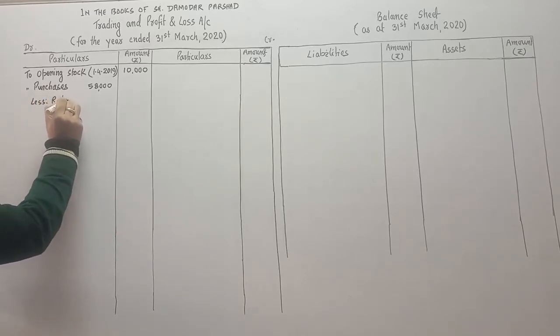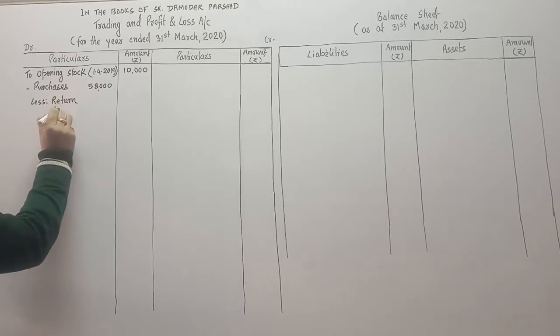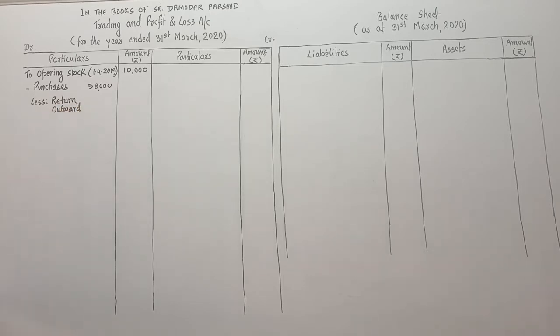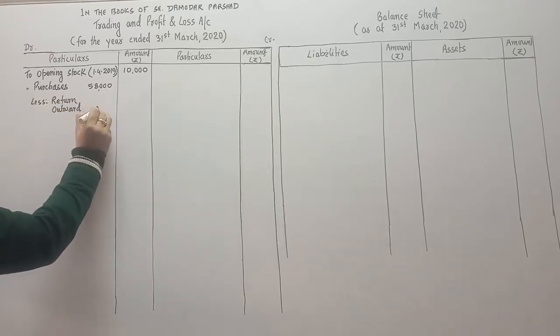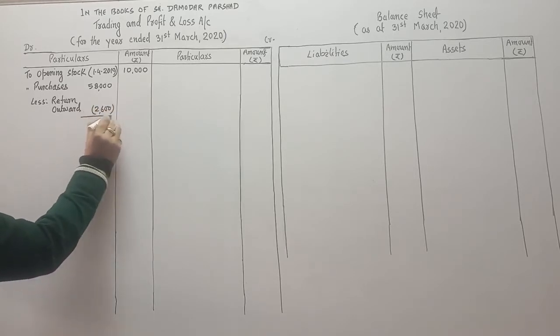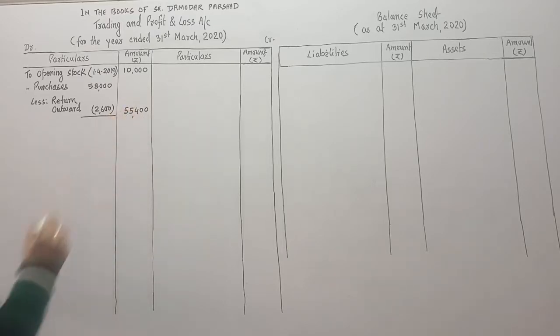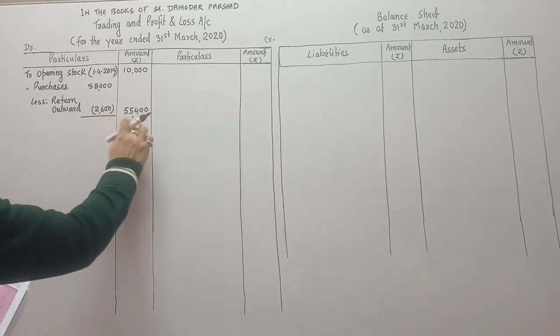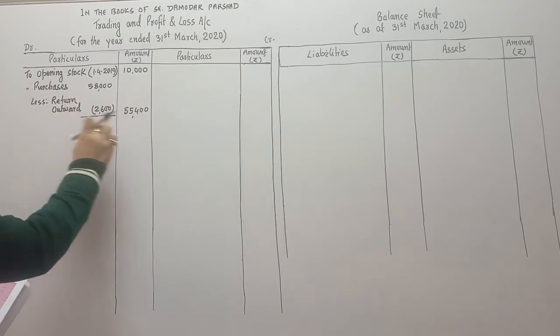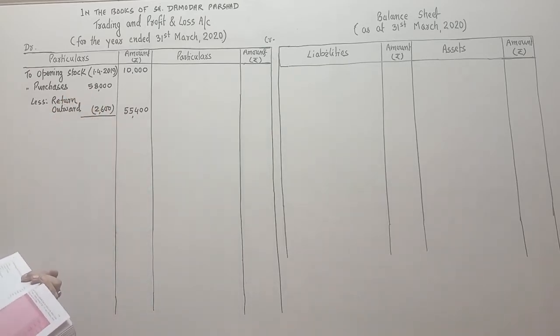Return outward is 2,600, so we deduct it. The final figure is 55,400, which is the net purchase. Purchase less return outward is called net purchase.